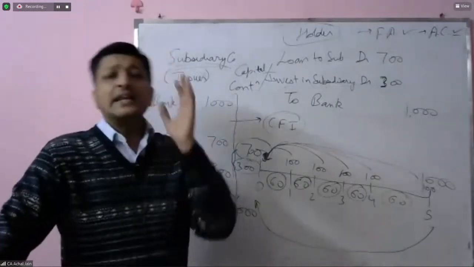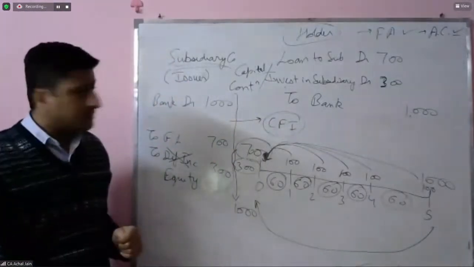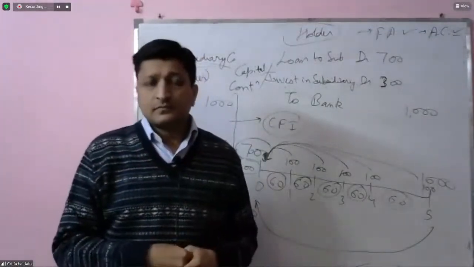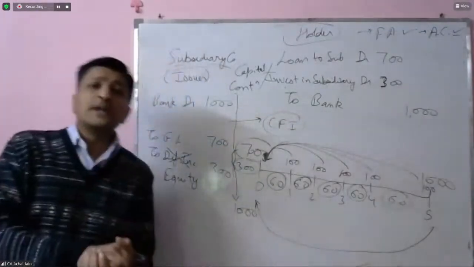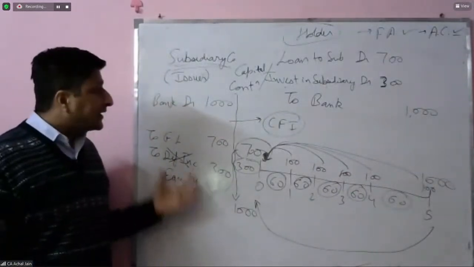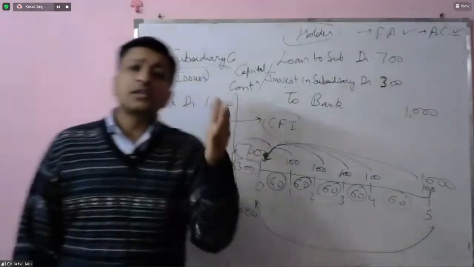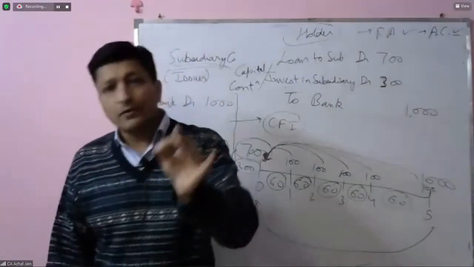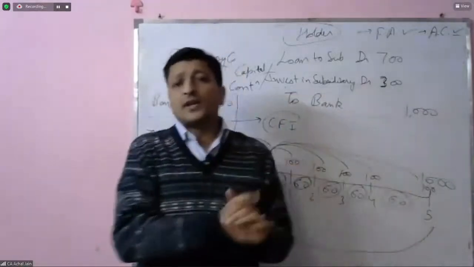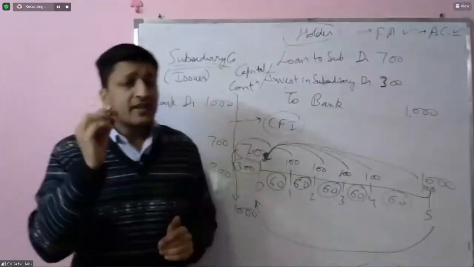If you technically look at the requirements of interest, it's not really equity. But still, because the measurement is such that the difference goes to equity, that's why we call this instrument also as compound finance instrument.